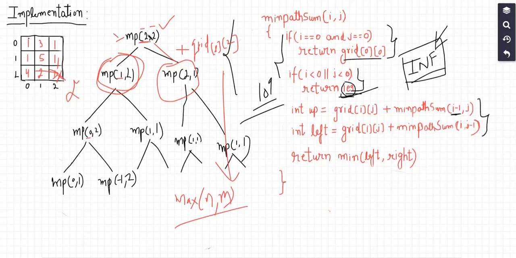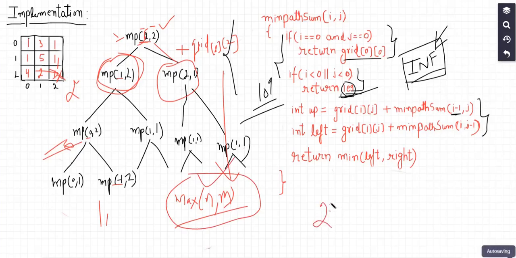If it would have been, let's say, 5, then here we would have another function call. So rather than this -1, I would have 5, 4, 3, 2, 1 and so on. That's why I'm taking the height as max of n, m. So the time complexity would be 2 raised to the power max of n, m.